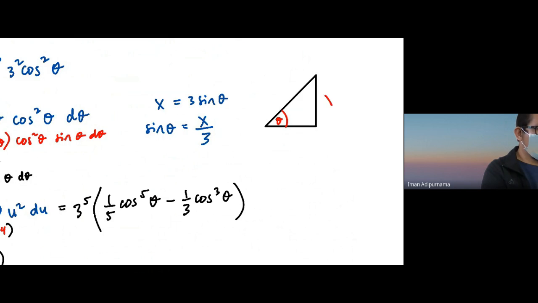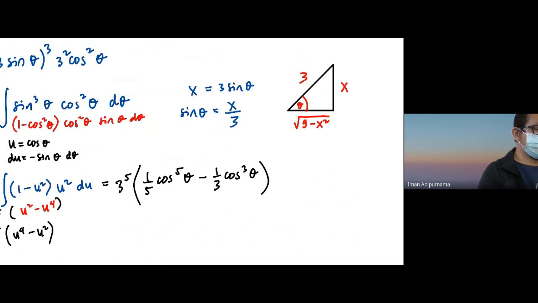Sine theta is x over 3, so the other side will be the square root of 9 minus x squared, right? So our cos theta will be the square root of 9 minus x squared over 3. So let's exchange all through.